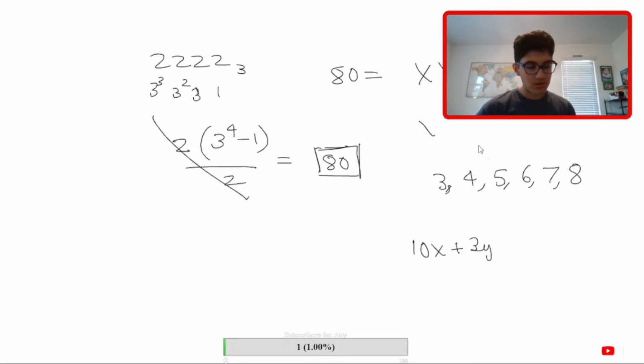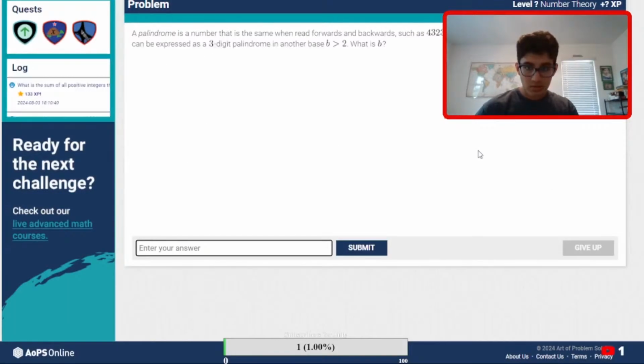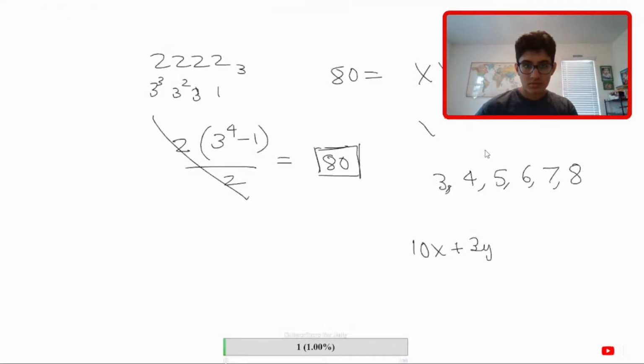Right, 3 can't work because I don't think 3 can work because this is a nines place. So that doesn't work. 4 does, oh, because 64 comes here. So 4 doesn't work. 5 works because the next cube is greater. 64 isn't greater. So these won't work. So it's 5, 6, 7, or 8.